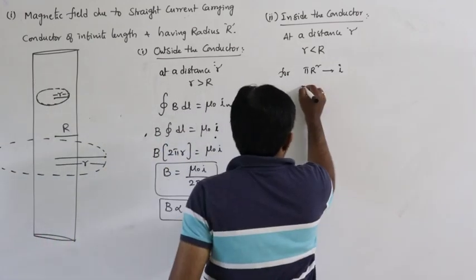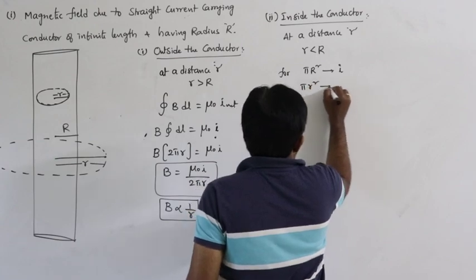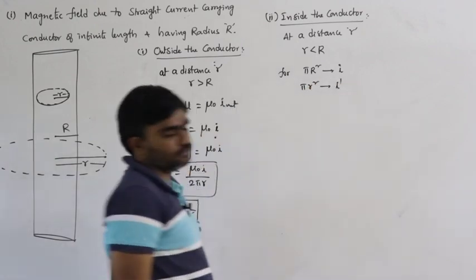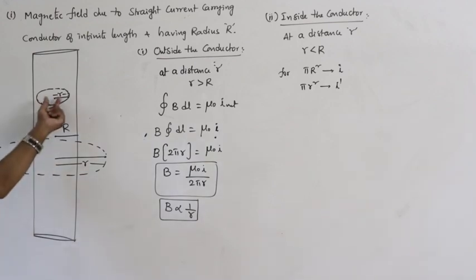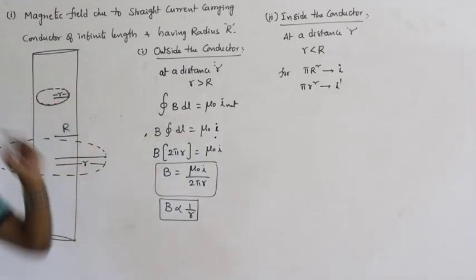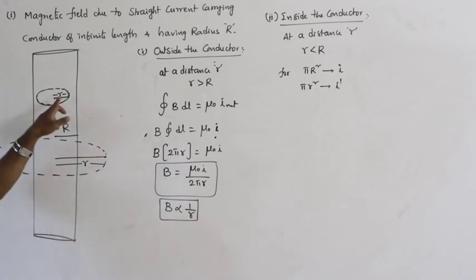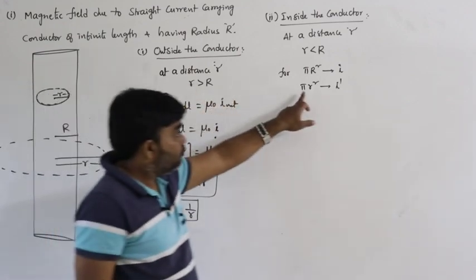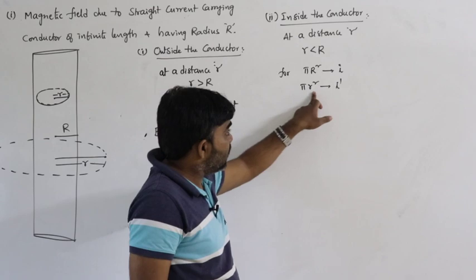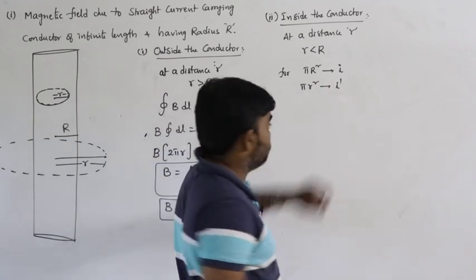But here, for pi small r square, let us say the current is I dash. For small radius r, definitely the current must be less.